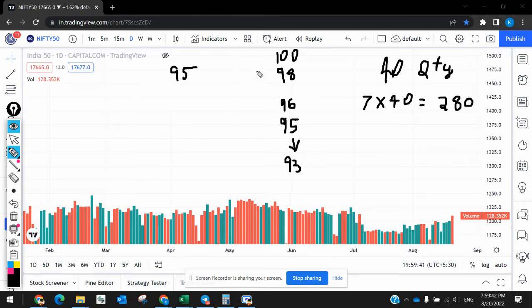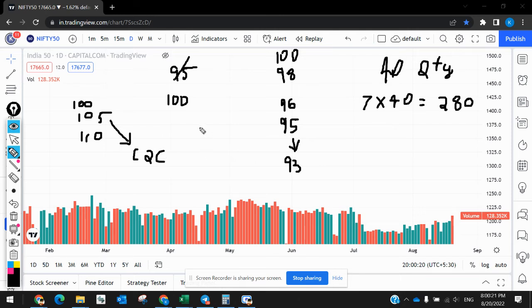If suppose this trade went from 100 to 105, what you can do to reduce the possibility of a loss is move your stop loss, instead of 95, to your cost at 100. Now even if the stock doesn't go till 110 and instead starts falling down, your stop loss is at 100, and if it hits, you will exit cost to cost and you do not make any loss.